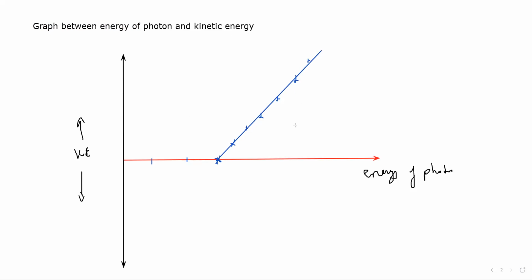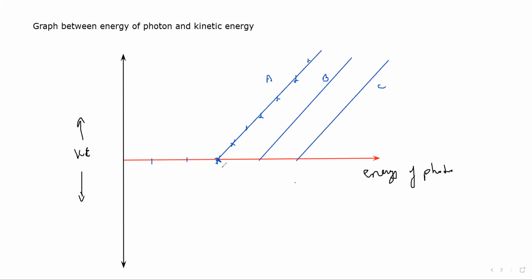If we are using different metals with different work functions, this is for metal A, this one is for metal B, and this is for metal C. Which metal has the greater work function?